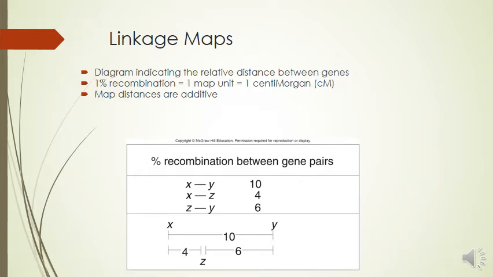So let's consider the genes X, Y, and Z. If the percent recombination between X and Y is 10, between X and Z is 4, and between Z and Y is 6, then the order of the genes on the chromosome is X, Z, Y, the only order that accounts for the percent recombination data. It is a little bit like deriving a geographical map from knowing the distances between the cities.